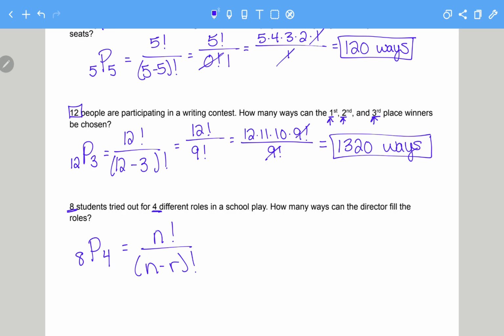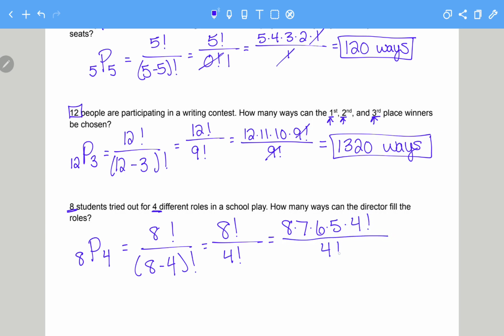Okay, change out your numbers. And solve your parentheses. Now remember, count down on the top until you get to the bottom. So 8, 7, 6, 5, 4, and stop because we have that factorial.